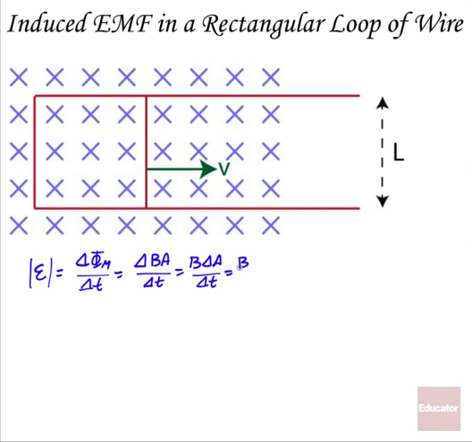So that's going to be B, L times delta x over delta t. But again, in this diagram, L isn't changing. It's a constant. So we can pull that out of the delta, and we get BL delta x over delta t. What's delta x over delta t? Well, that's velocity. So that's just BLv, the induced EMF due to a rectangular loop of wire expanding with some velocity.